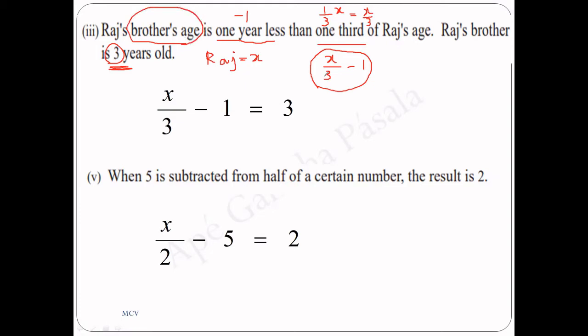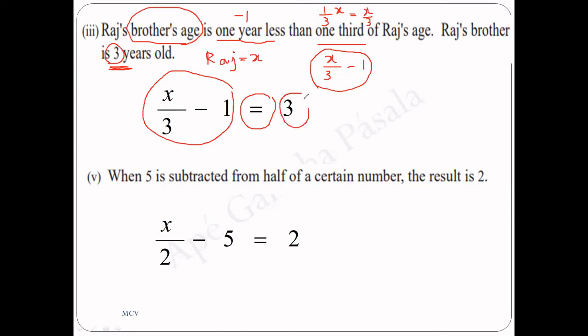Brother's age is X over 3 minus 1, and brother's age is 3. So you can combine them using the equation sign, left hand side and right hand side.